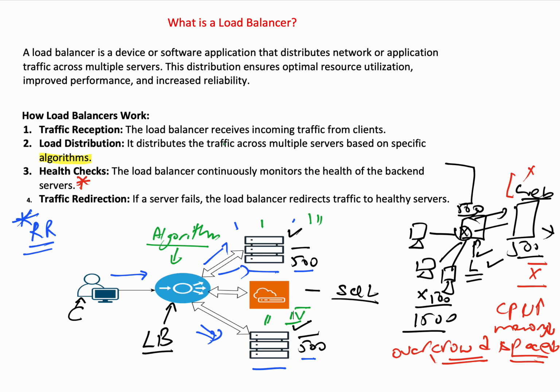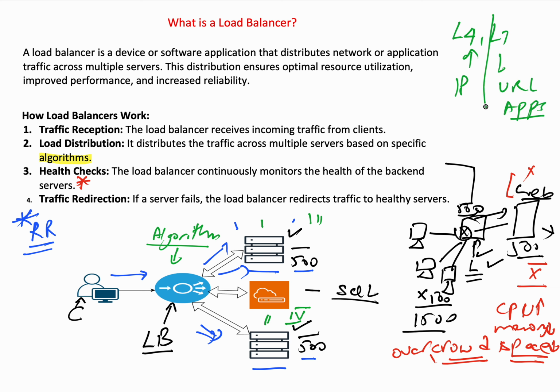Now there are multiple things actually. If you take into account a load balancer, there are two types of load balancers, L4 and L7. L4 basically works on IP address, L7 works on application URL, right, applications and all of that.